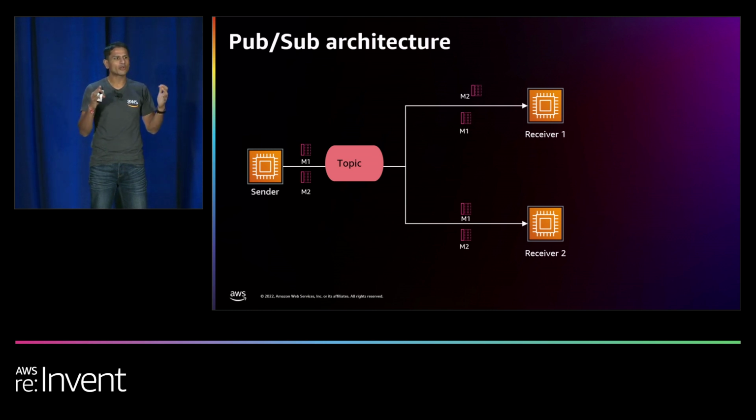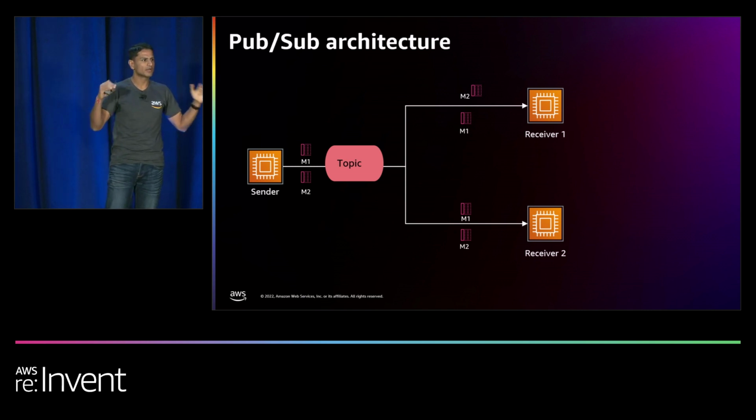It is typically called a topic. Once the message gets to the topic, it is going to send that message out to one-to-N receivers. I would like to emphasize here that we have a topic in this design which is doing a push. When we talked about SQS, it was doing a polling using that poll operation.